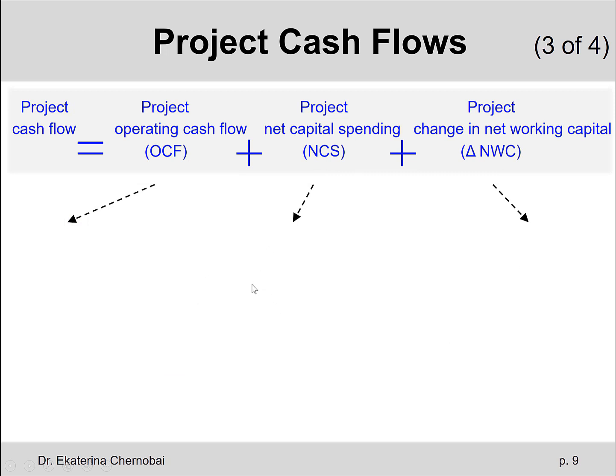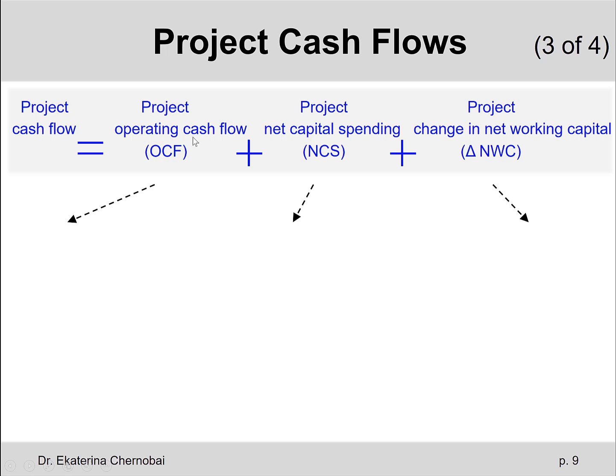Before we start looking at how we calculate the operating cash flow, the net capital spending, the change in net working capital, let's look at the general idea behind each. Essentially, think of there being several relevant cash flows that have something in common, and that puts them in the category that we call operating cash flow.